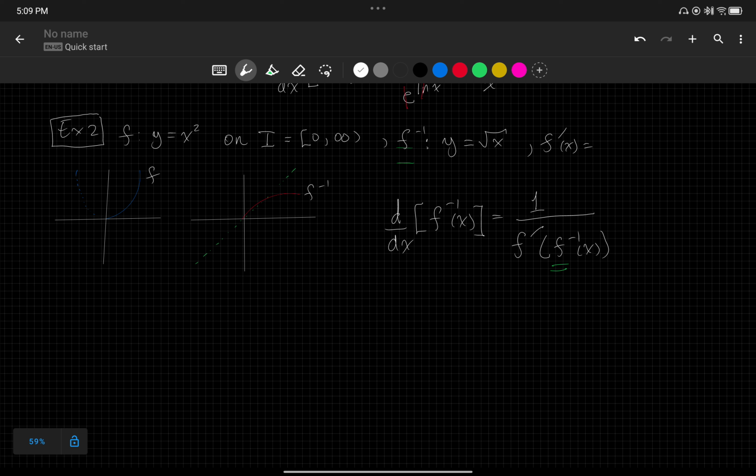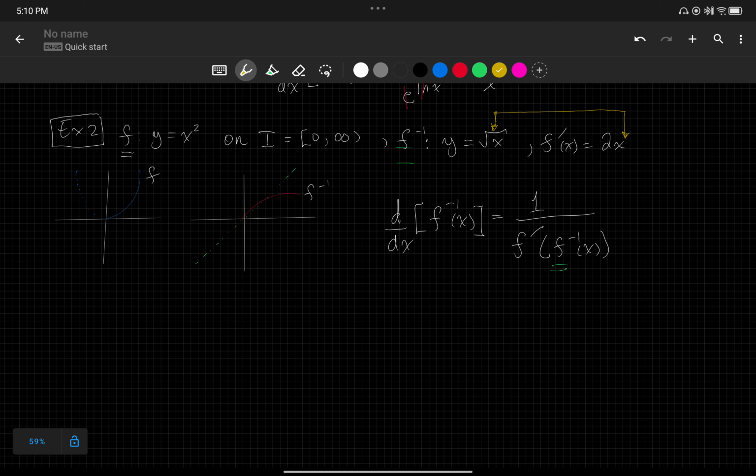So the derivative of x squared, since that's the one we're looking at, is 2x. So then what is this saying? This is saying that the inverse is going to go inside of the derivative. So here's the inverse. It's going to go inside of the derivative. So it goes in there.